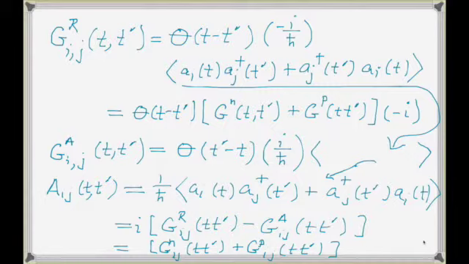If you write all these definitions using your field operators instead of these a_i and a_j, you would have psi(r,t), psi dagger(r prime,t prime). And that's your Green functions in the position representation.